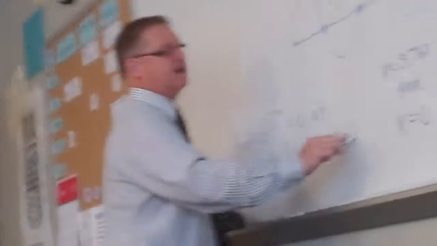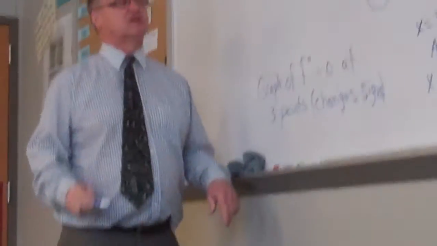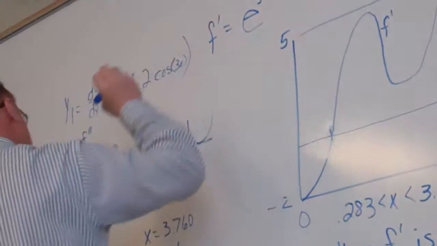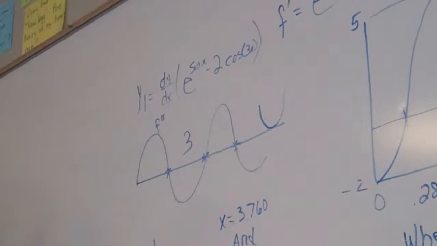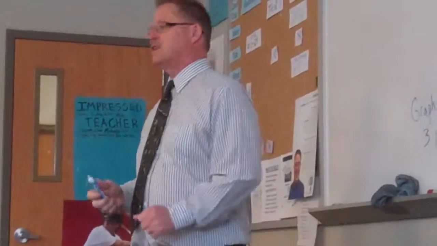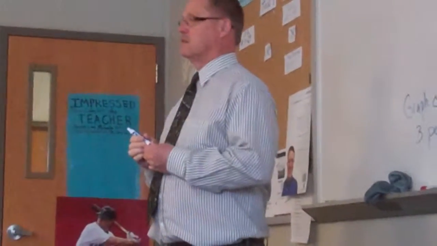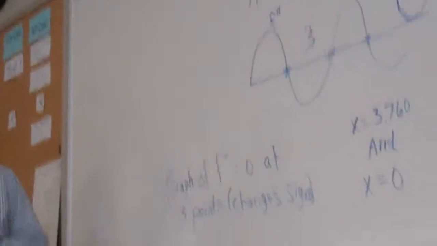The reason you should say that is because if it just did this, that would not be an inflection, because for an inflection it has to switch from concave up to concave down, or vice versa. And just a kiss is not an inflection there. It's got to switch from concave up to concave down. It's got to cross.